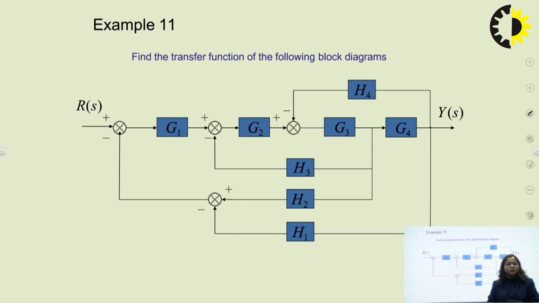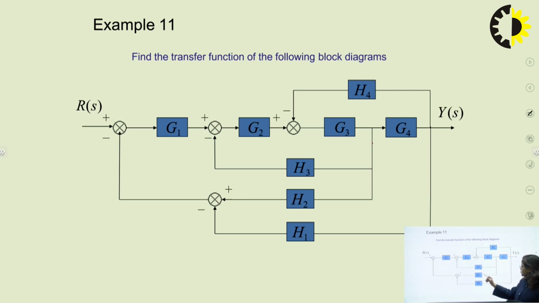Another example using forward path and feedback path. We can simply take this takeoff point after the block, and once we take this takeoff point after the block, the feedback gain will be divided by the forward path transfer function, that is 1 by G4.